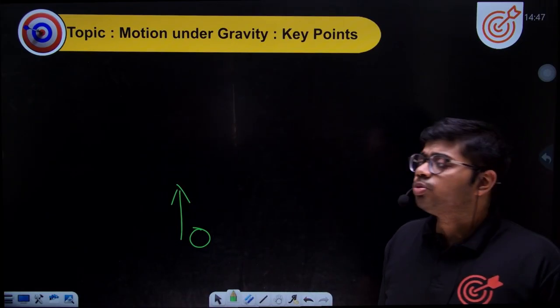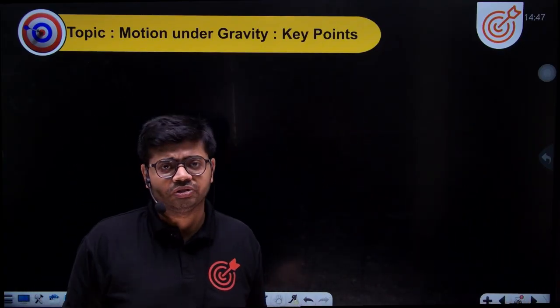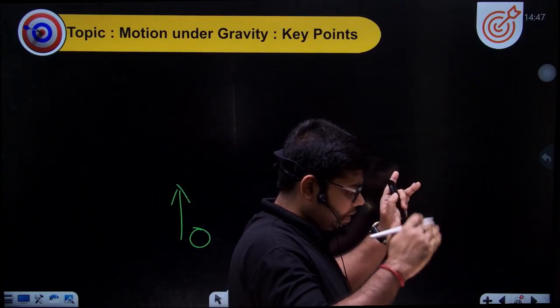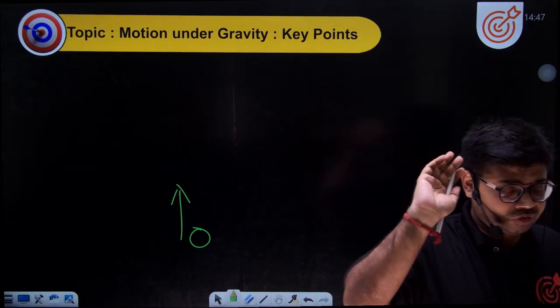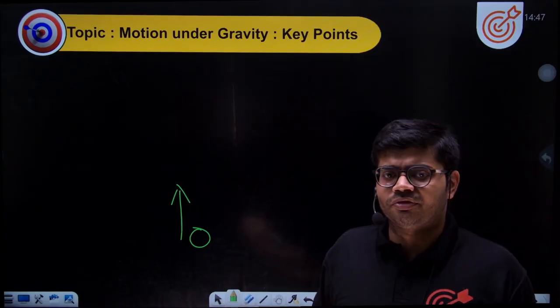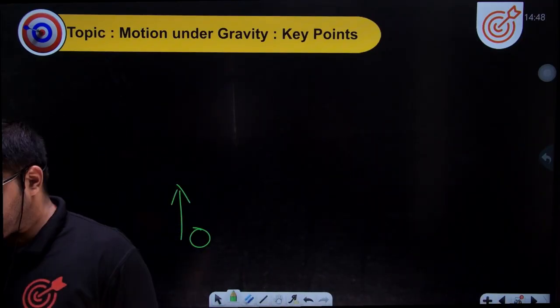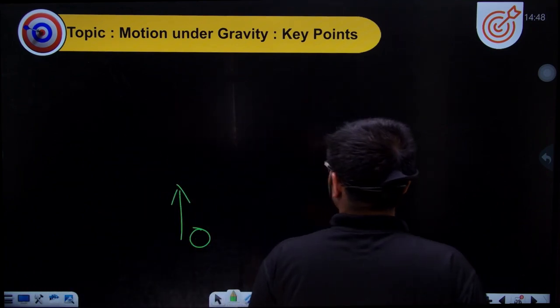So it is opposing the velocity, that is why we take the g value to be negative. Just consider this much: always consider which side your velocity is, and take that side to be positive. The opposite side you take negative. So if you are projecting it upward, you take upward as the positive direction, downward as the negative direction. That's it.